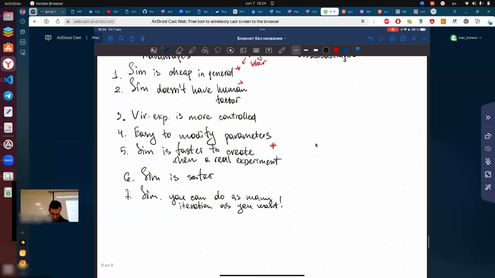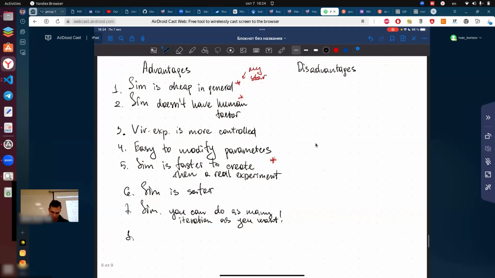Also, you can do prediction of lifetime and other parameters, which in real life is measurable, but it takes time.